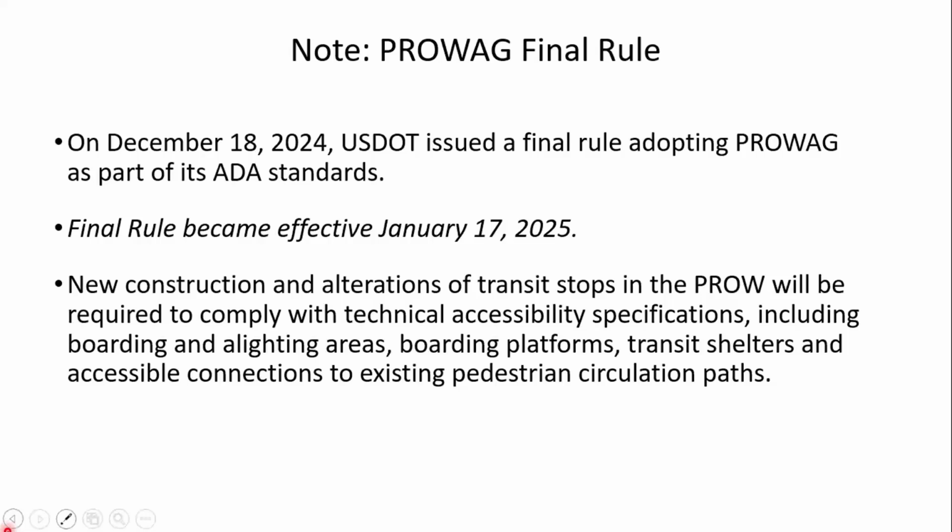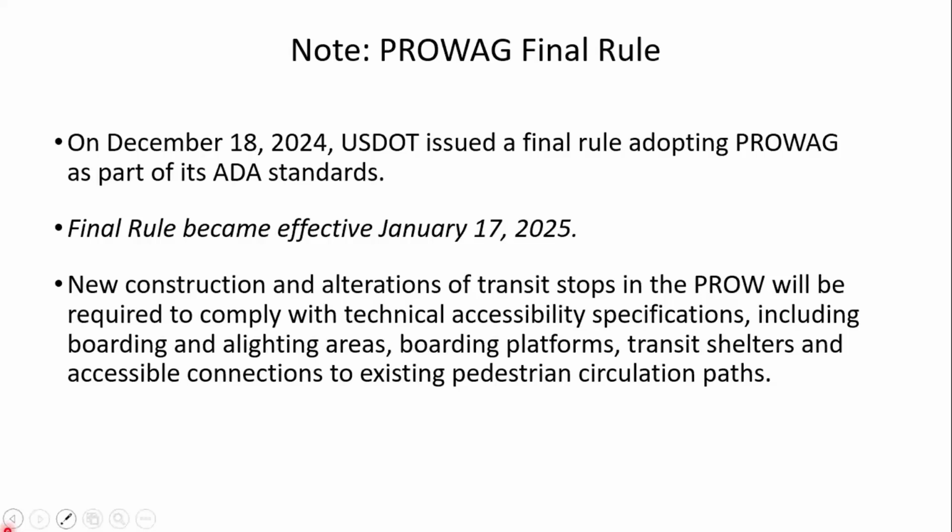So most of PROWAG, even though we have the final rule, is not enforceable because it has not been adopted by the DOT and DOJ, and they have to apparently adopt that together. But the part of PROWAG dealing with transit, the US DOT does have, I'm not sure what the legal term is, sort of unilateral authority to adopt that part of PROWAG. So that part of PROWAG has been adopted.